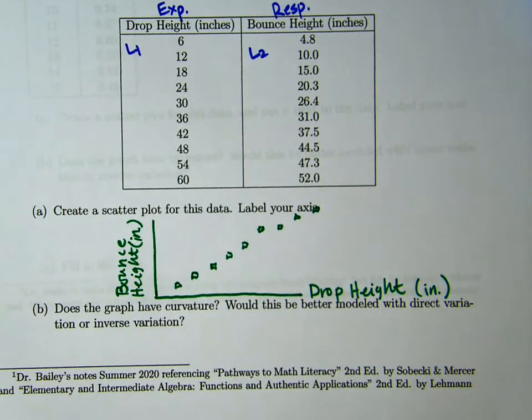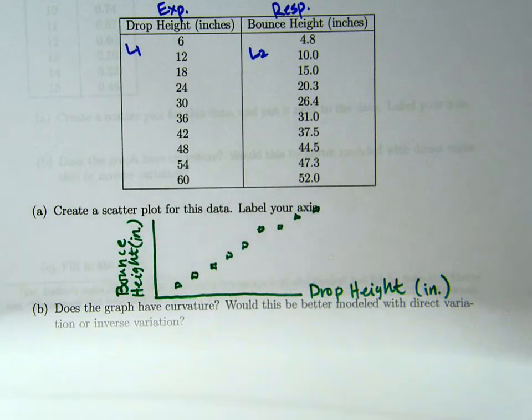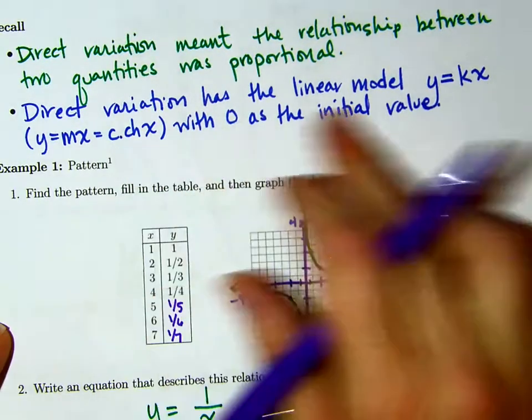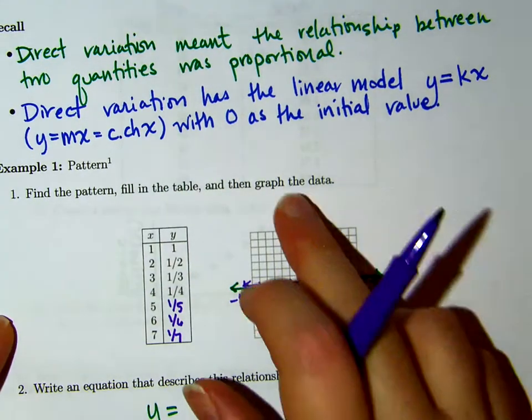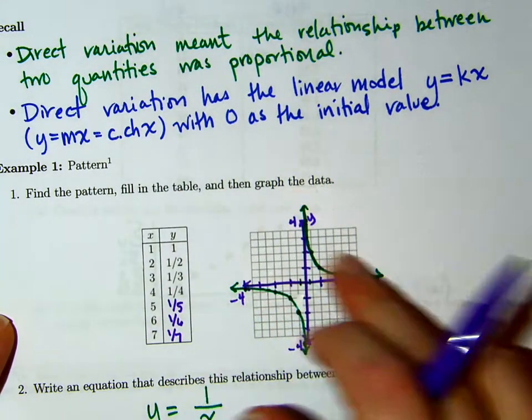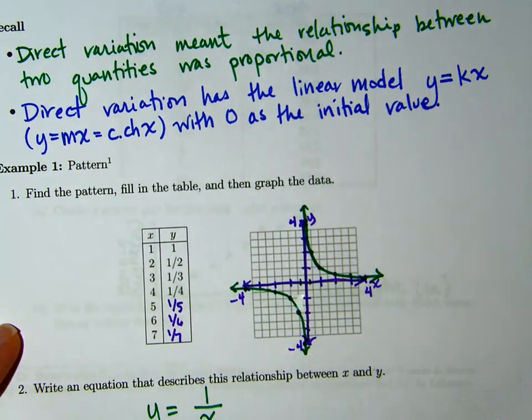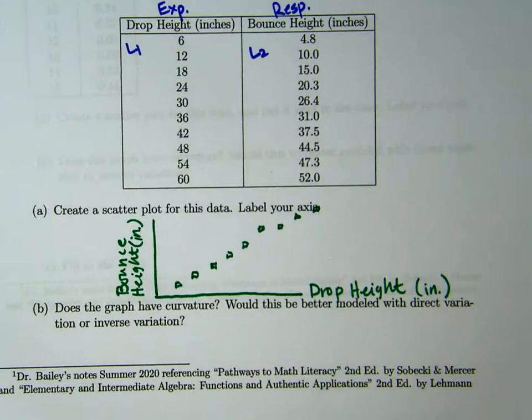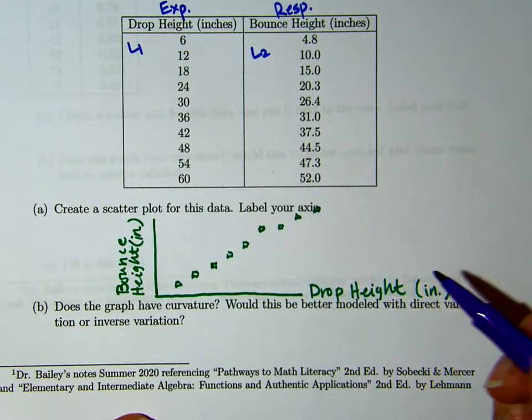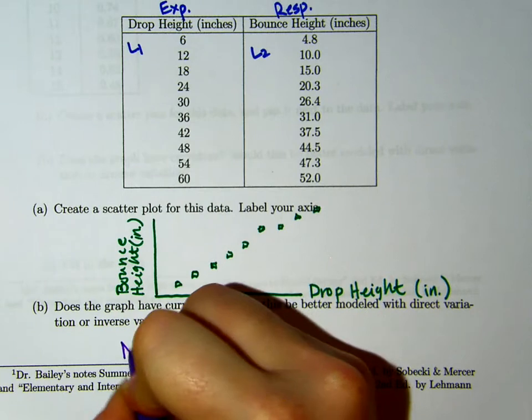Golf ball bounce height. Does the graph have curvature? Would this be better modeled by direct variation or inverse variation? Direct variation was a linear relationship, and inverse variation has this curvature about it, as do exponential and quadratic. Here, no, not really.